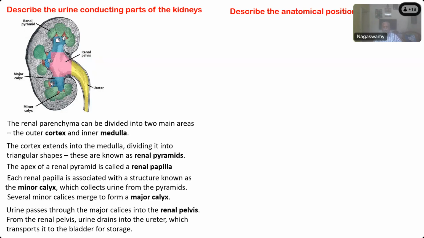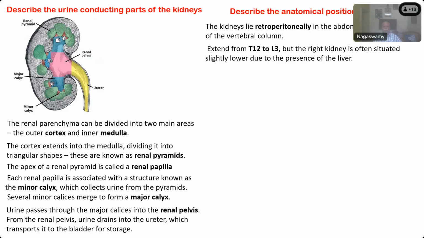Very good. Okay. So the kidneys are retroperitoneally placed in the abdomen on either side of the vertebral column. And it is from T12 to L3, not L1 to L3, but T12, one level higher up, T12 to L3. But the right kidney is often situated slightly lower. Why?